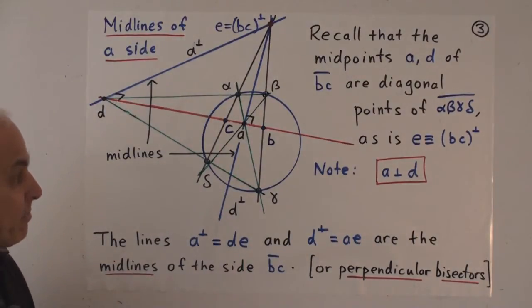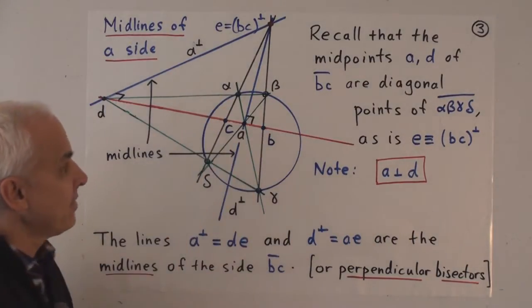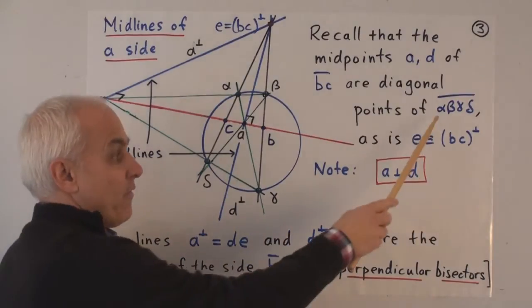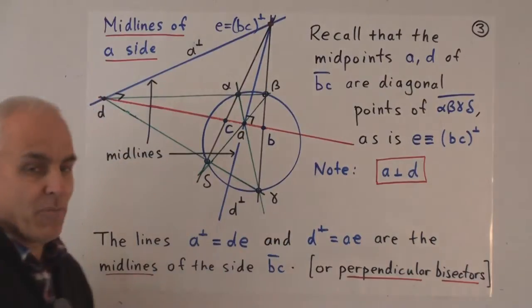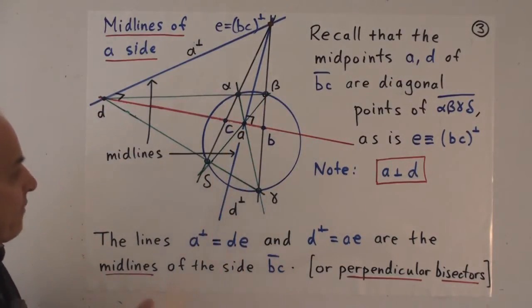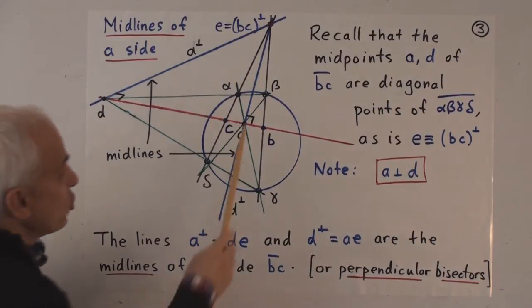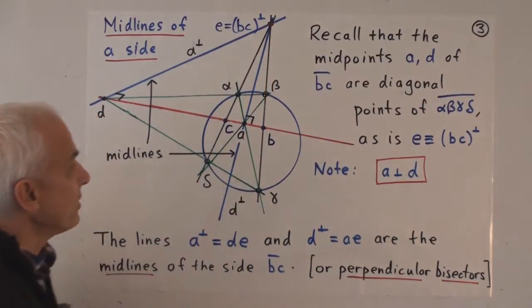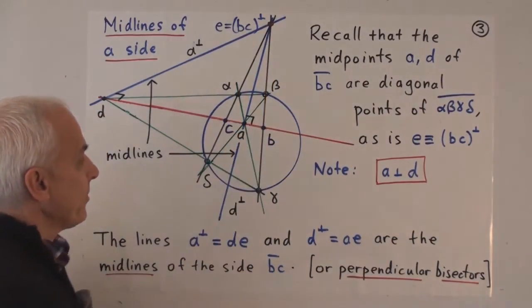Now I remind you that the midpoints of this side are the diagonal points, in this case here, of this particular quadrangle of null points, alpha, beta, gamma, and delta, formed by joining B and C to this dual point BC perp up here.